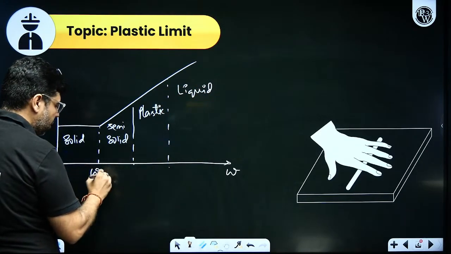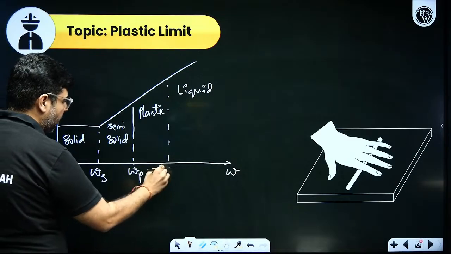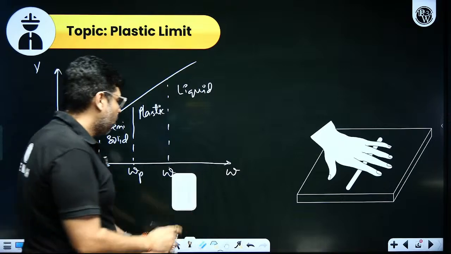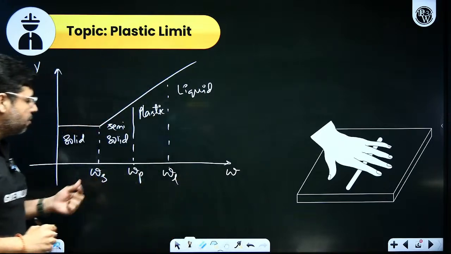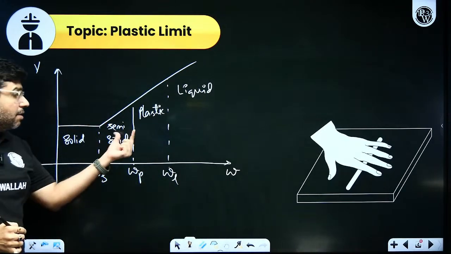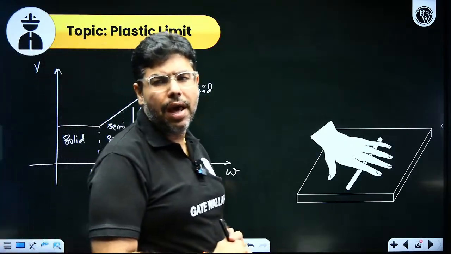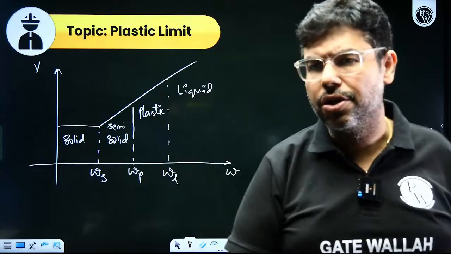This was the shrinkage limit, this is the plastic limit, and this is the liquid limit. Liquid limit we have already seen. Today I will show you what plastic limit and shrinkage limit are. So plastic limit is nothing but the boundary moisture content between the semi-solid and the plastic condition.